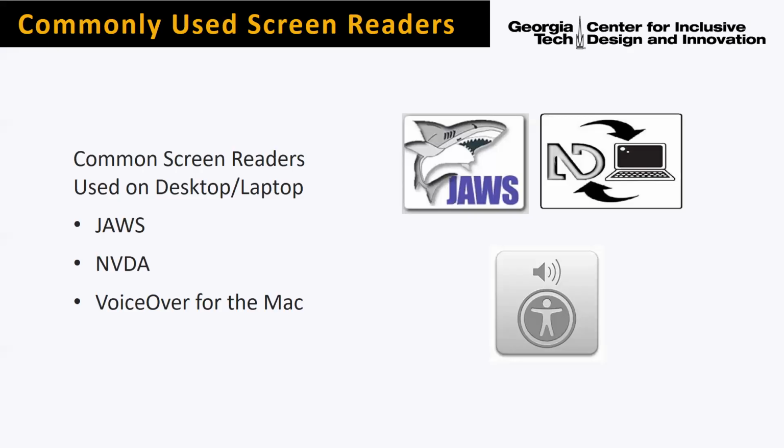NVDA stands for Non-Visual Desktop Access. This is a free screen reader. Anybody can download it. They do ask for a donation, but you don't have to provide a donation to them without having access to it. I like testing with NVDA as well, because it's not as powerful as JAWS, and JAWS has a lot of AI built into it, so it does a bit of a guessing game, for example, not labeling forms correctly.